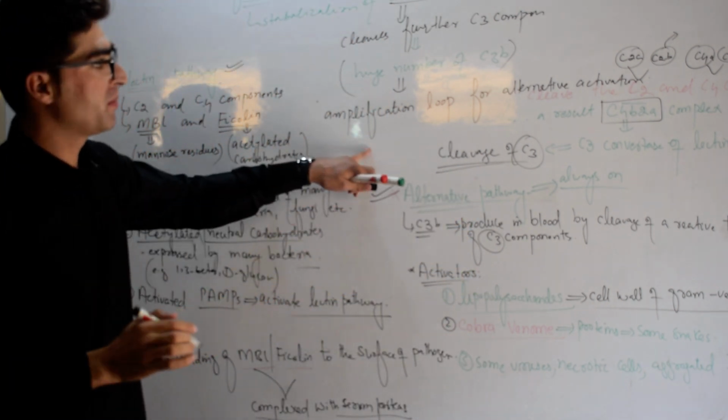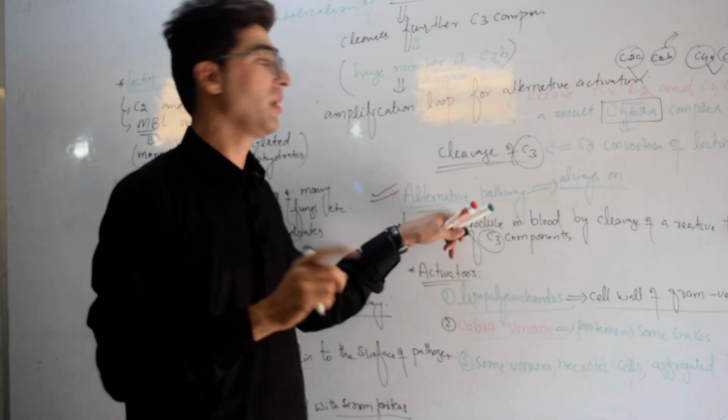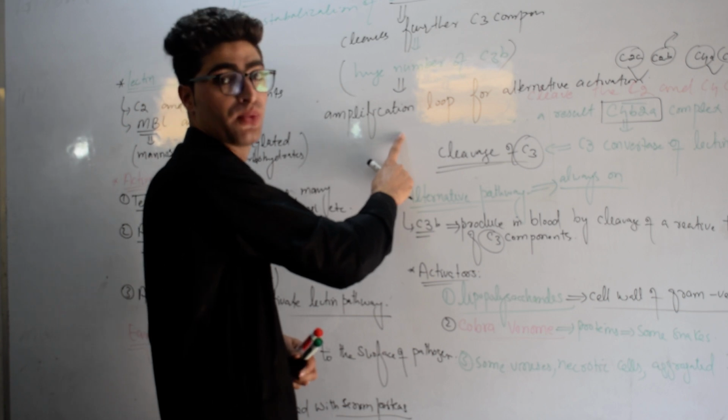And this is why the alternative pathway is always on. Clear? Due to this amplification loop.